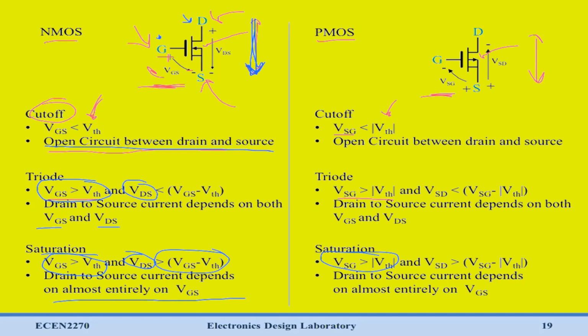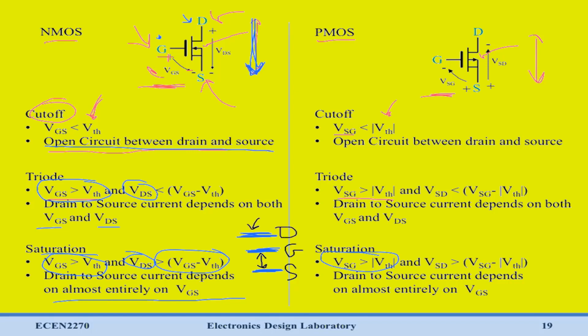And what this really means is that our source is at some low voltage. If we say this is our source voltage here, then we have our gate at some voltage which is slightly above our source. So the distance between these two voltages is greater than a threshold. And then our drain is at some voltage greater than both of these.